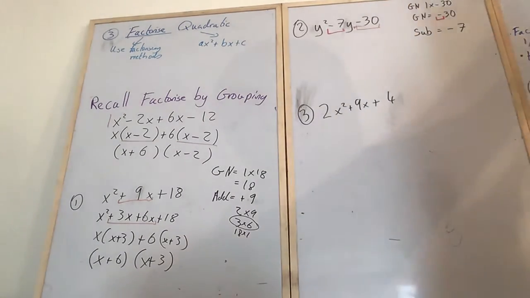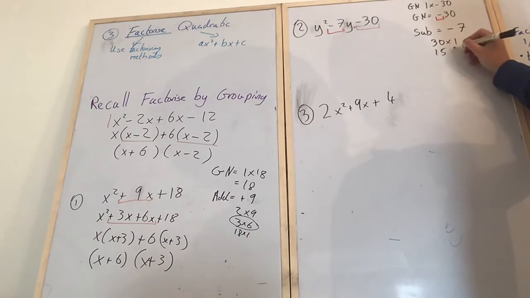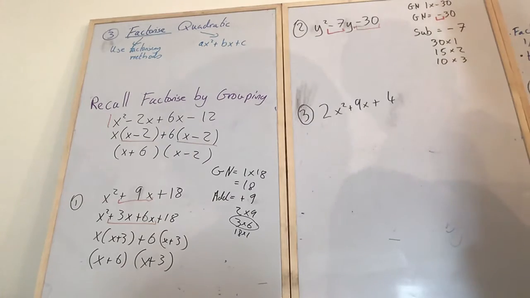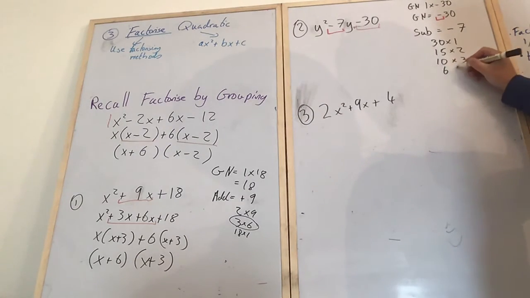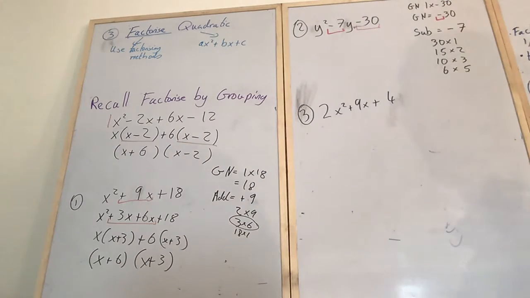So write down our factors of 30. So 30 times 1, half that, 15 times 2, 10 times 3, 6 times 5. We've now written out our factors. Now we have to see which 2 would take away to give negative 7.